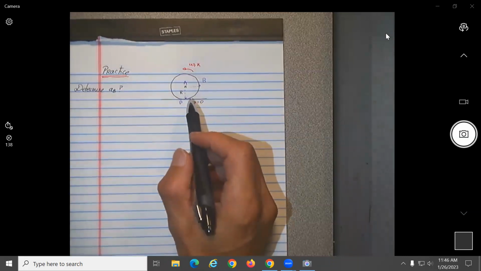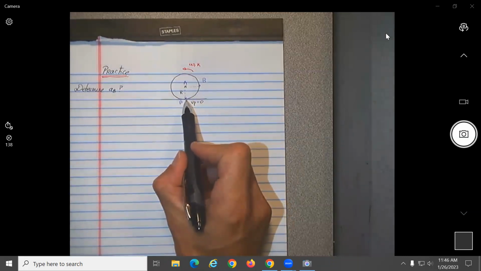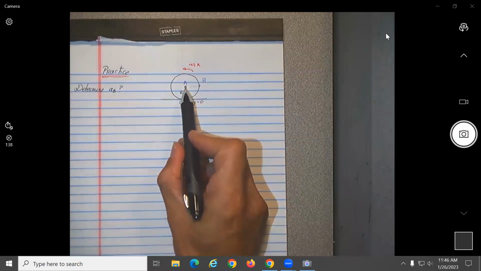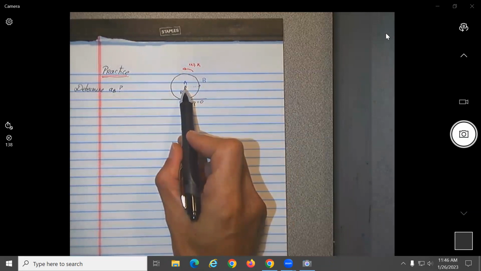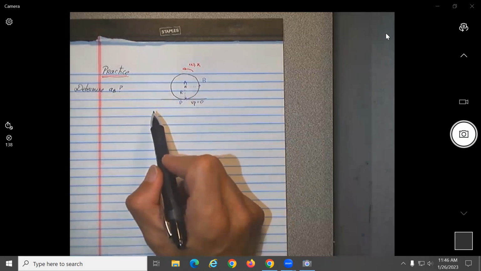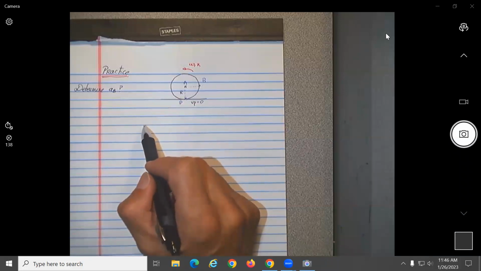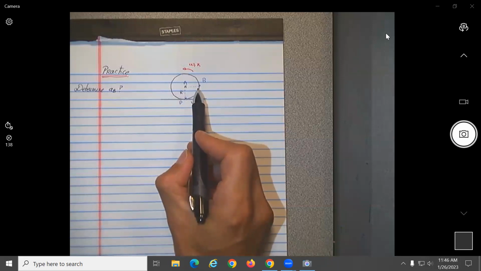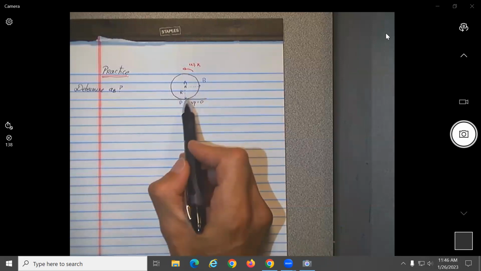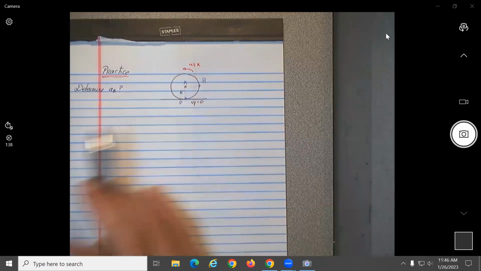So the first way, we're going to go from point P to point A because we know what's happening, and then go from point A to point B. But once you are mastering this, you could go directly from point P to point B, skipping A. But you need to understand first what's happening.